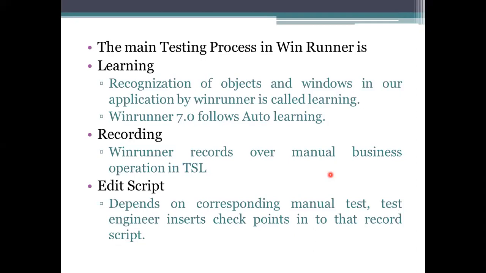We should know about the WinRunner tool: what it is for functional testing, which elements and objects it uses, and what functionalities and features it includes. All these things have to be learned by the user before getting into usage.